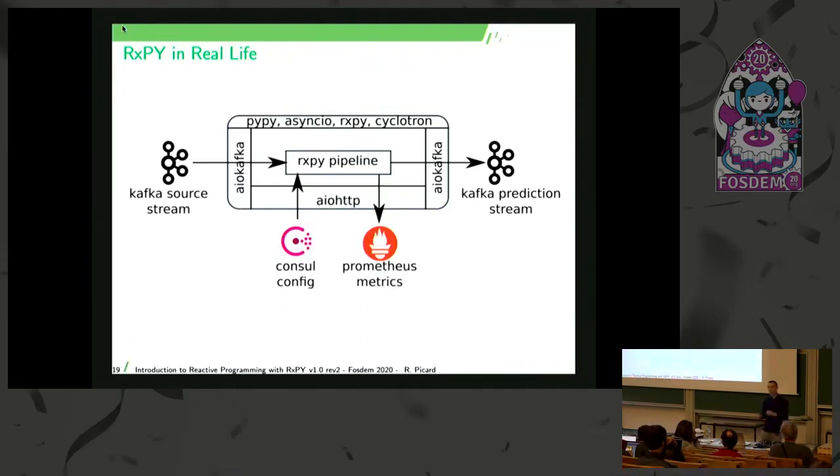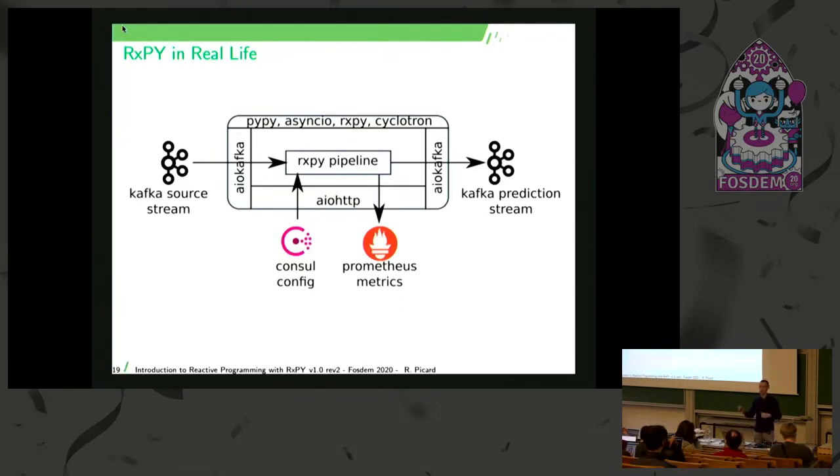The result of the computations is exposed on a Kafka topic, and we also expose some operational metrics with Prometheus. This is a simple example, but it can deal with quite complex cases, because the Kafka source here is a single arrow, but it can be a combination of several topics.